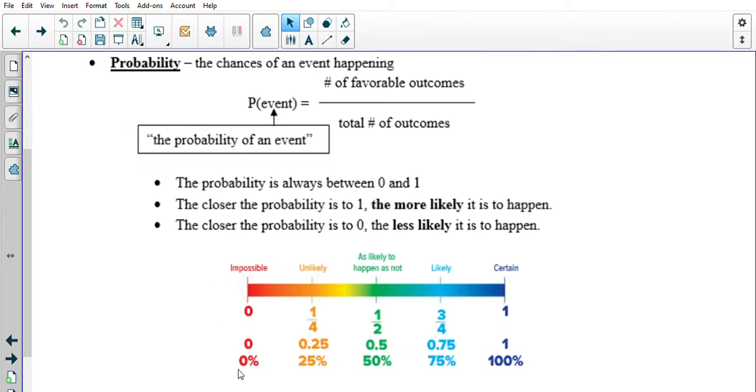So if something has a probability of 0, it means that it is impossible and will not occur. When something has a probability of 1/2, it's as likely to happen as to not happen. So it's a 50-50 shot. You sometimes hear that quite frequently. Again, closer we get to 0, the less likely it is to happen. The closer we get to 1, the more likely that event is to happen.